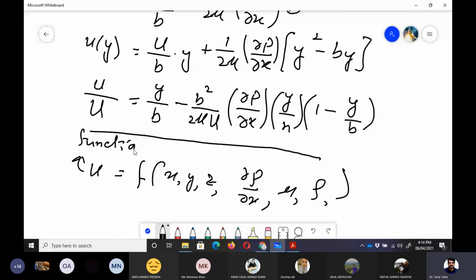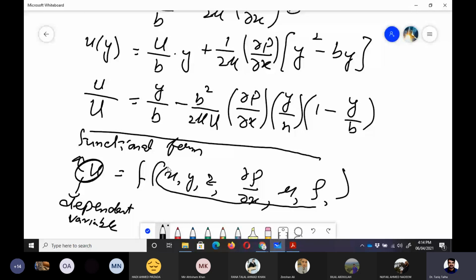Functional form means that the dependent variable for which we want to conduct the experiment is written on the left hand side, and all the independent variables are written on the right hand side.